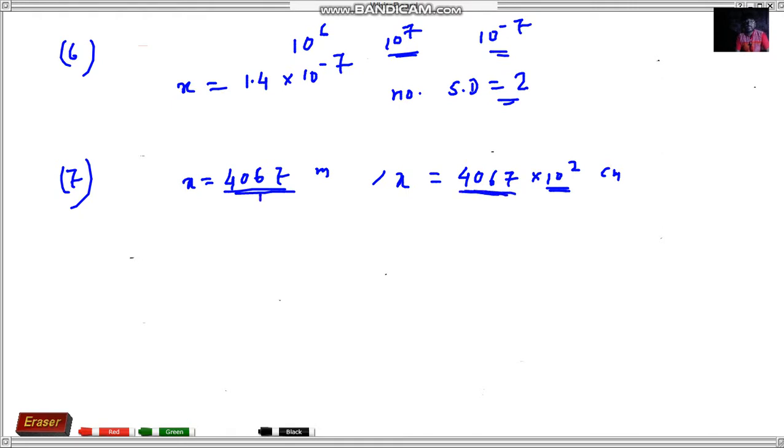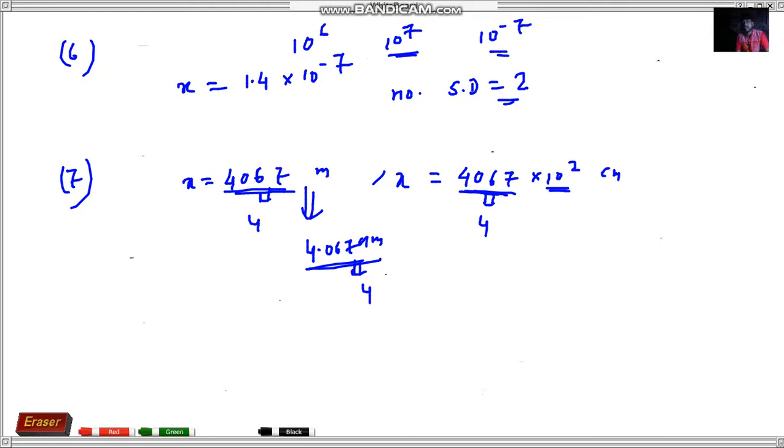Here the number of significant digits is 4, and here also it is 4. It can be transformed into kilometer, then it will be 4.067 kilometer, and here also the number of significant digits will be the same, that is 4. So when we change from one unit to another unit, the significant digits will not change.